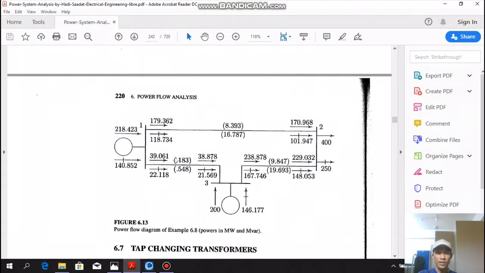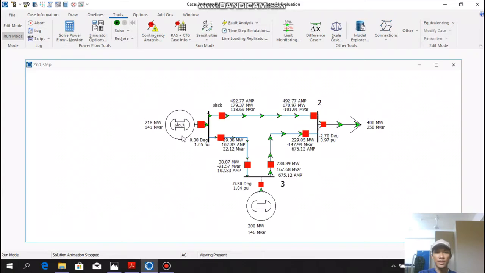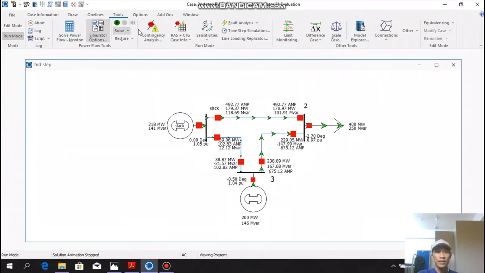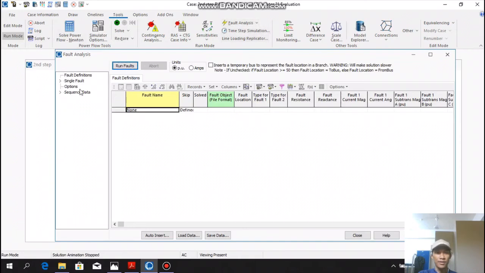So you can see here. So the result will be in the slide. So then we'll put the fault and fault analysis.